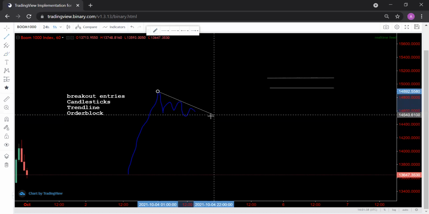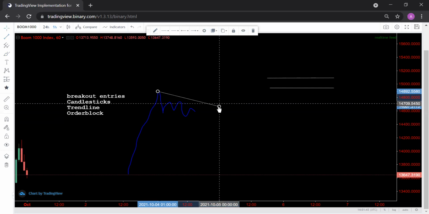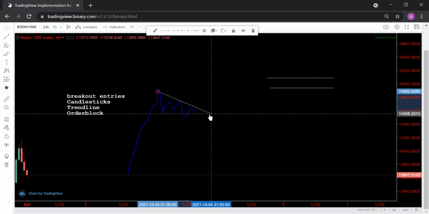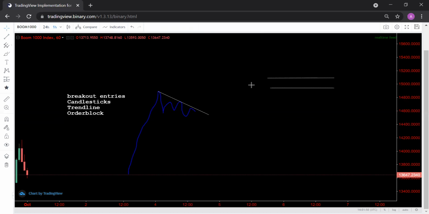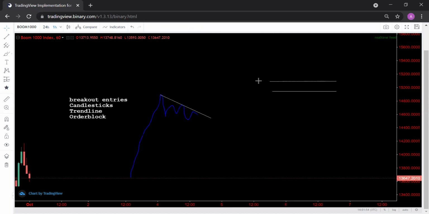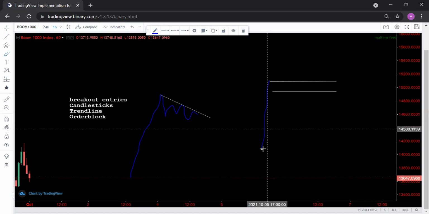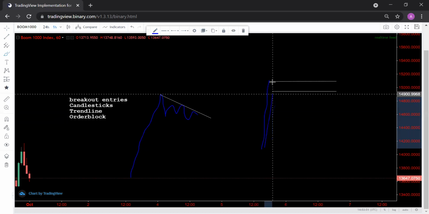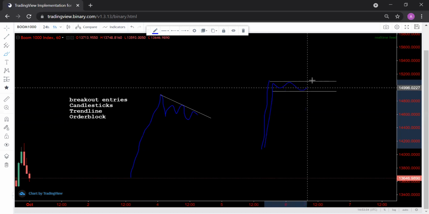Just identify what kind of resistance price is giving you. Is it a straight horizontal resistance, or is it slanted so that you might need to connect it with your trend line? Now, assuming price formed a horizontal resistance like this, let's assume price moving along this blue line here, and then you see price consolidating or ranging in a box like this.